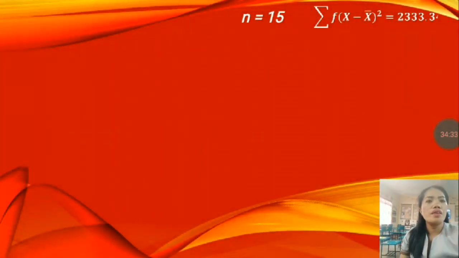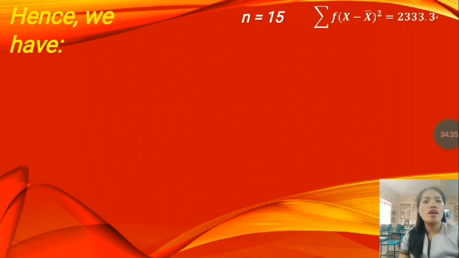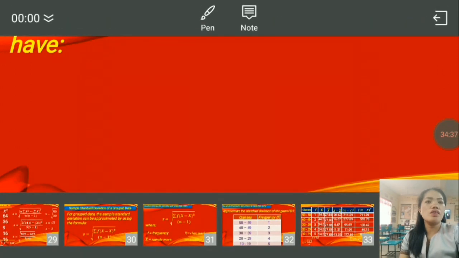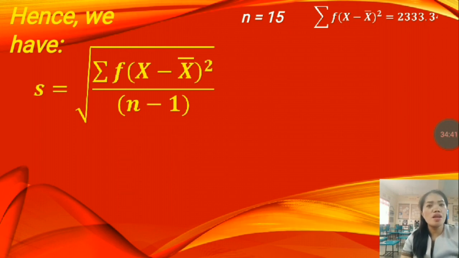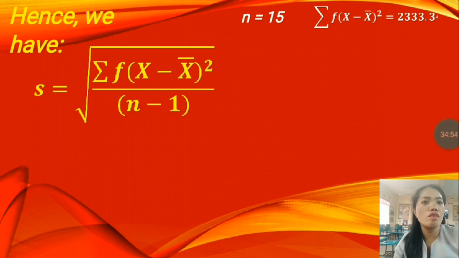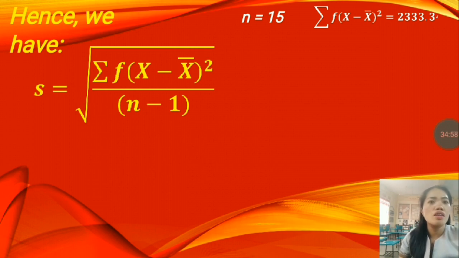So now, going back to the formula, you have that formula for the sample standard deviation for grouped data. Our n is equal to 15 and we also have the value for the summation of f times the quantity of x minus the sample mean squared, which is 2333.34.